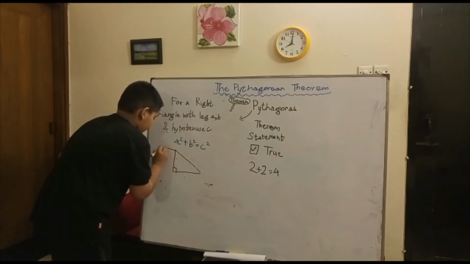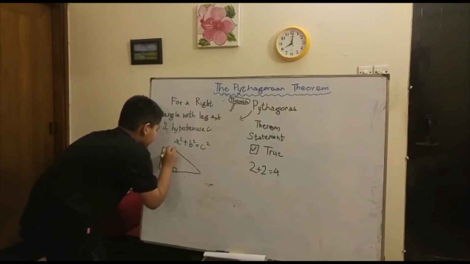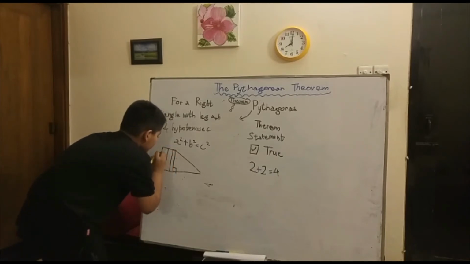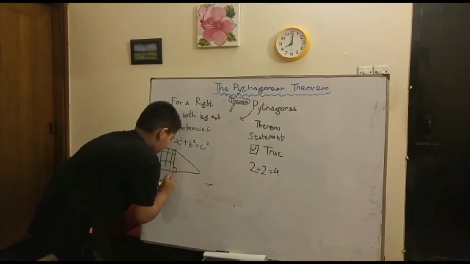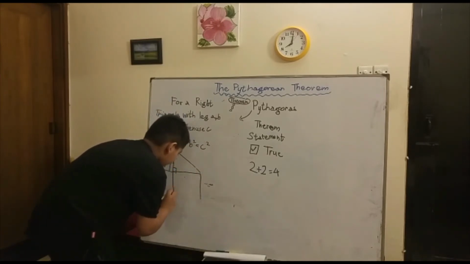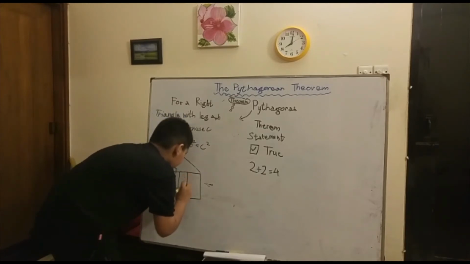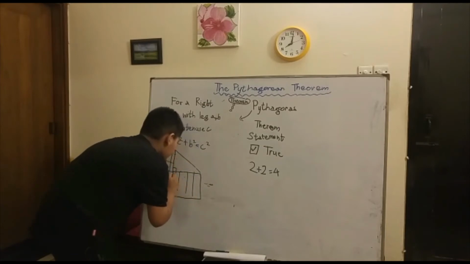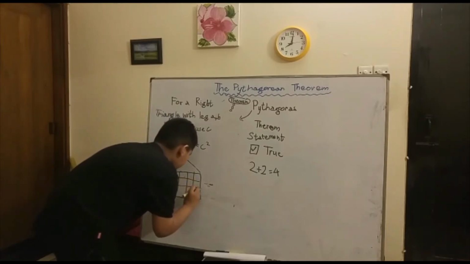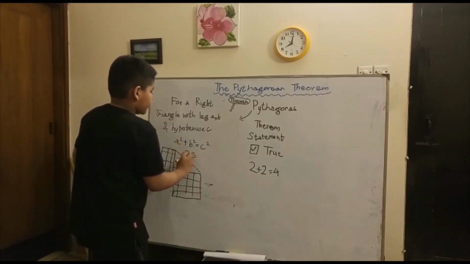If we take the square of 3, and the square of 4, we would get the square of this part, which is 25.